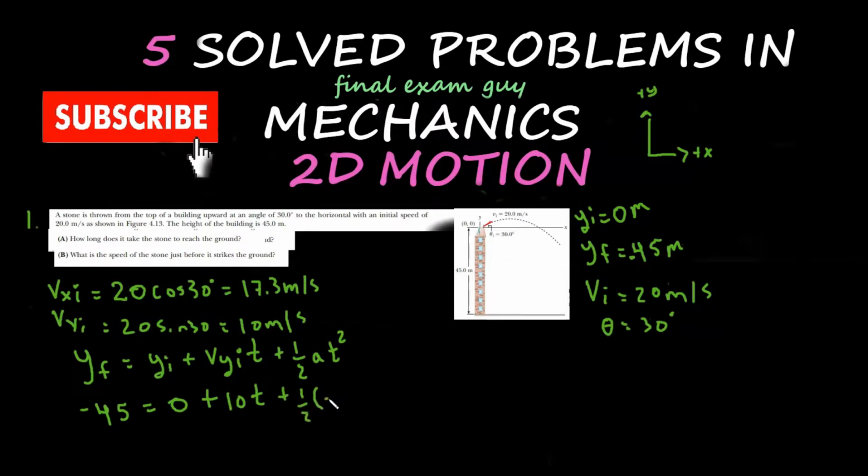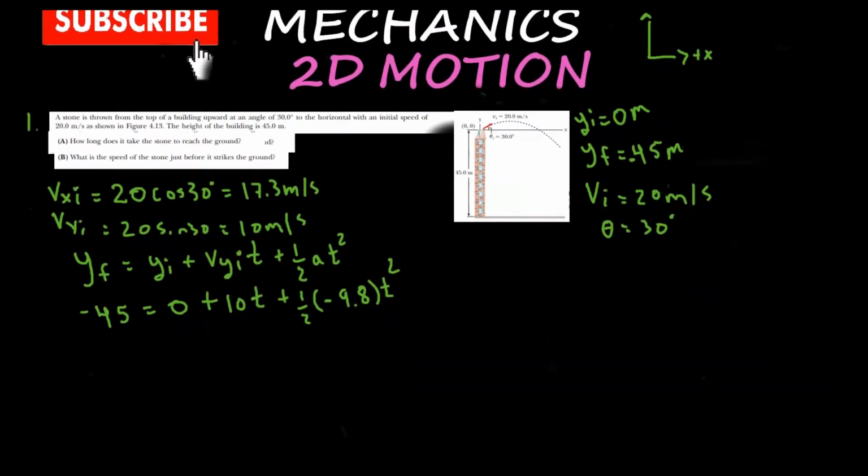Now acceleration is negative because it's accelerating downwards, 1/2 times 9.8 t squared. So now we solve for t, and I encourage you guys to always try to solve for it. The answer is 4.22 seconds. That's the time it takes to reach the ground.